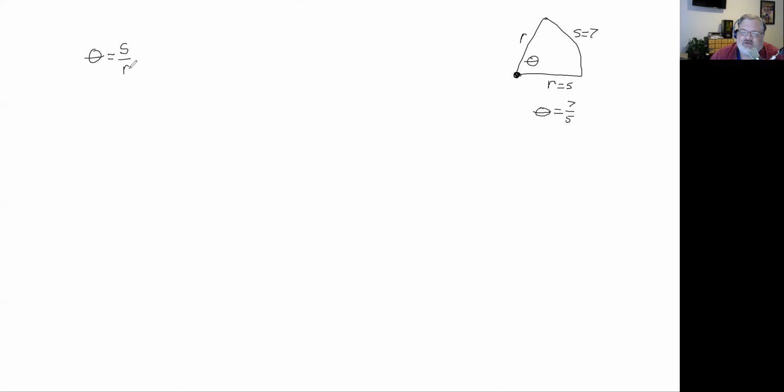So this was our definition for radian measure. With just a little manipulation, multiplying both sides by r and writing it as S equals r theta, we get a very nice handy formula for arc length.